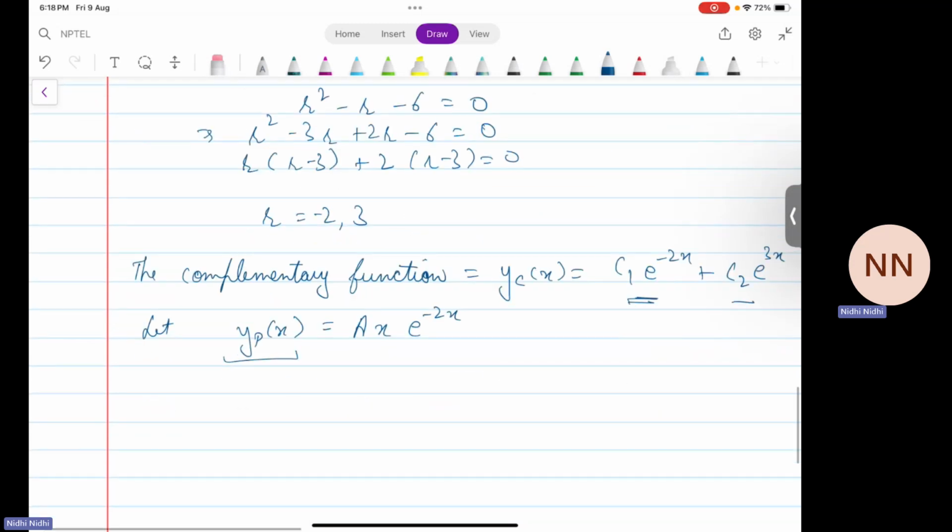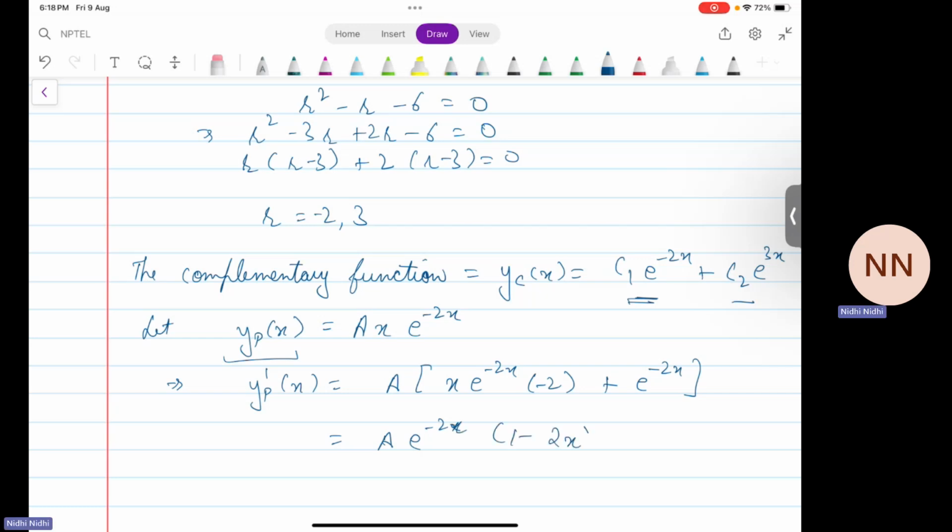Now this gives us y_p dash x is equal to A, x as it is, e to the power minus 2x times minus 2 plus e to the power minus 2x, which can be written as A e to the power minus 2x (1 minus 2x).